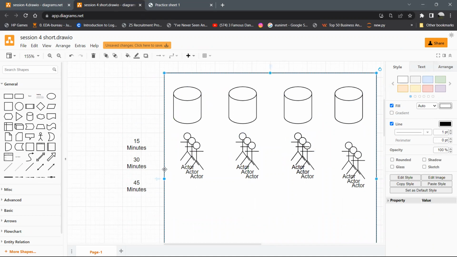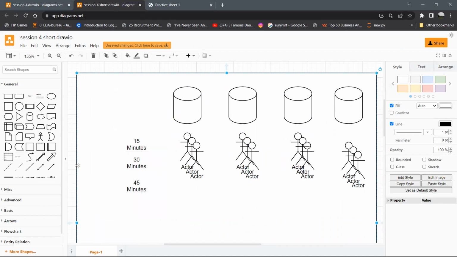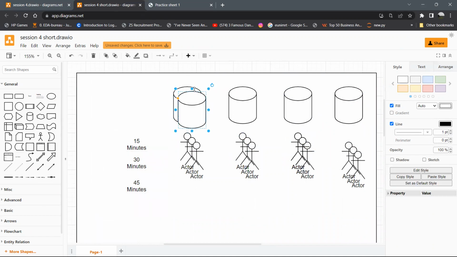In the same way, let's increase our counters to 5.